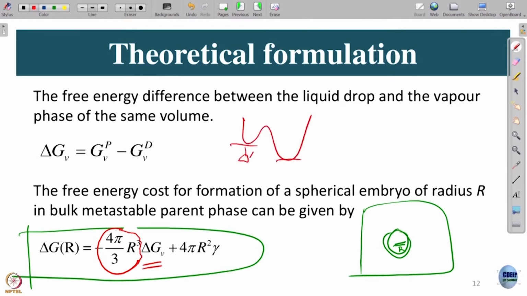So, this is the gain; this is negative in front. I gain this much. However, I have to pay energy.